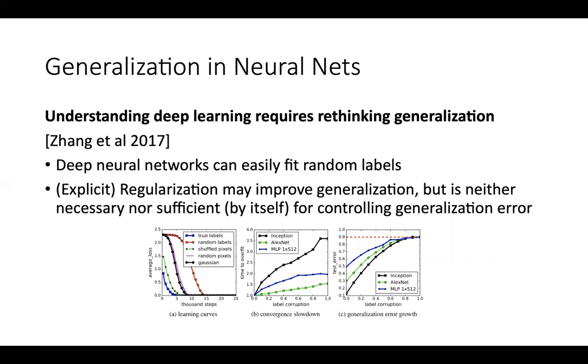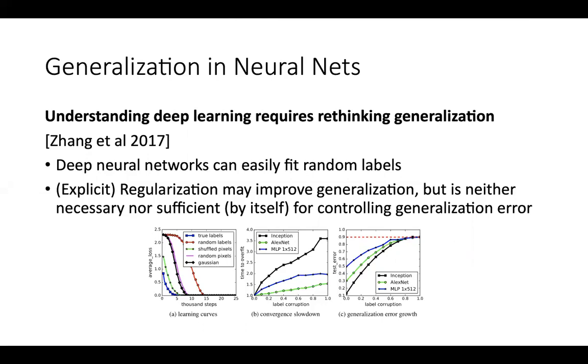Now a classic paper comes to mind: Understanding Deep Learning Requires Rethinking Generalization. What is really interesting about this work is that the researchers started with deep learning networks, and for the outcome variable, instead of using a real variable, they just fit random variables.